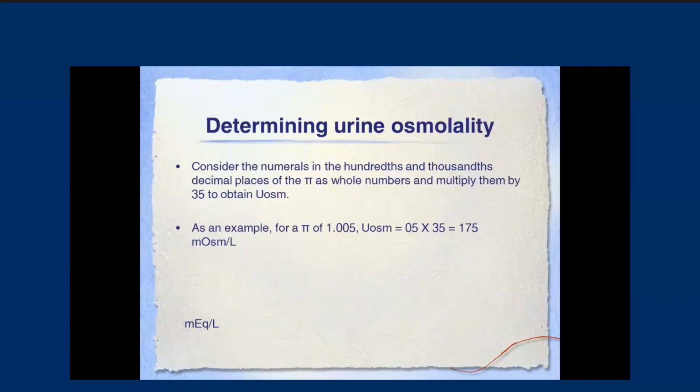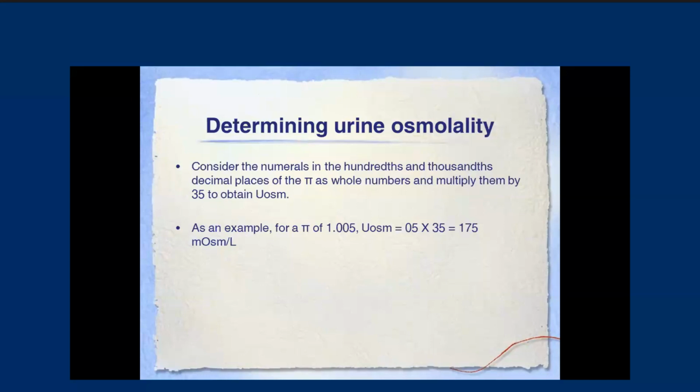So we can take the hundredths and thousandths decimal places of the urine specific gravity as a whole number, and multiply them by 35 to obtain the urine osmolality. As an example, if the urine specific gravity is 1.005, then the hundredths and thousandths digits will be 5, and we multiply that by 35, and that will be 175 milliosmoles per liter.